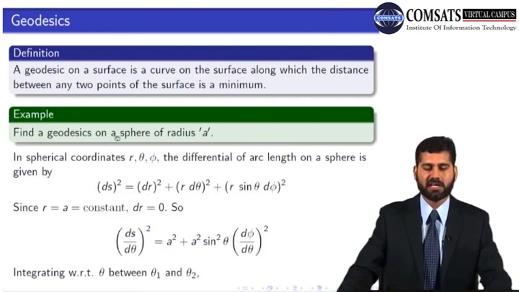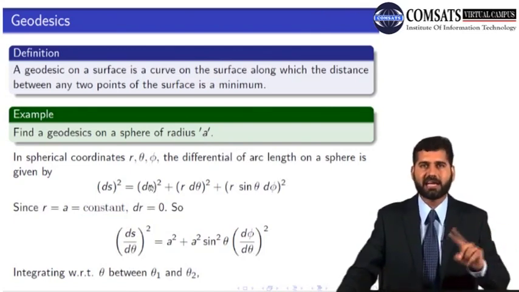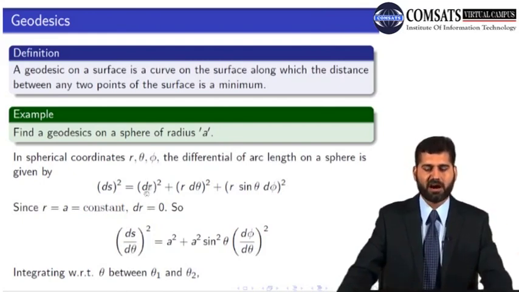First of all, because the sphere has a fixed radius a, the differential of the radius will be 0, because the radius is not changing. Theta and phi are changing, but the radius is fixed on the surface of the sphere, so dr will become 0. So you are left with ds square is equal to a square d theta square plus a square sine square theta d phi square. Now if you divide by d theta square, you will arrive at this expression.